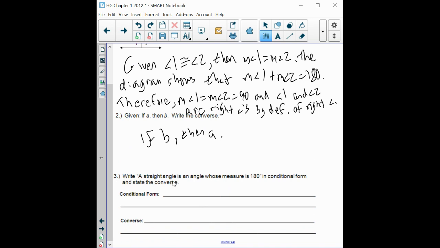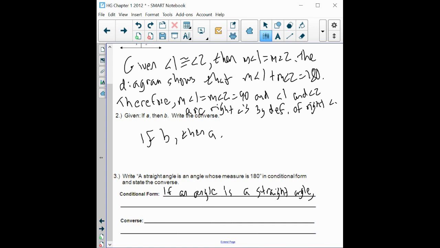So to kind of see it in more words, here we have a straight angle is an angle whose measure is 180 degrees, and we want to write that in conditional format, which is if-then, and then we want to write its converse. So my conditional is if an angle is a straight angle, and that was just based on a straight angle being the subject of that sentence.